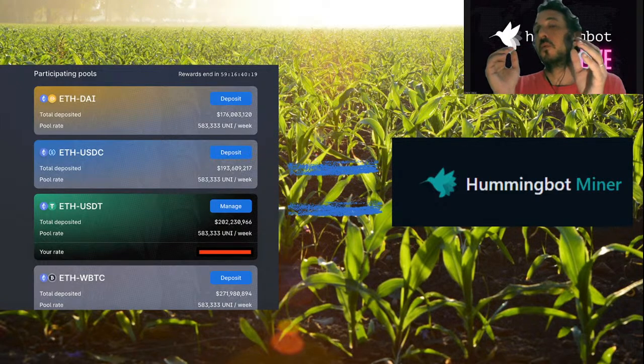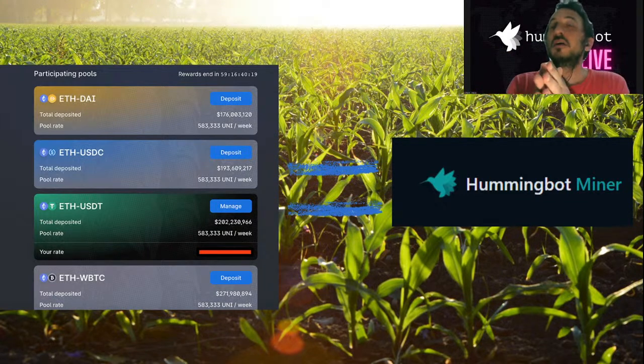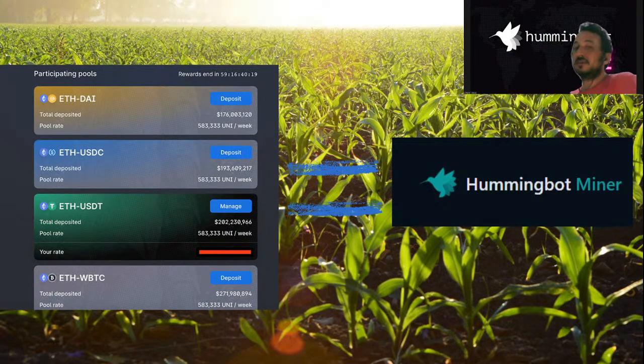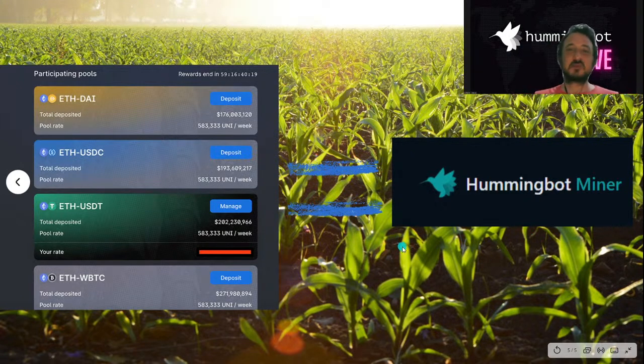And when you add it to the Hummingbot miner, to the programs we have, you are doing something that you were already doing, trading and acting as a market maker using a bot, and you're receiving a bit more for it, right? There's no other way to put it. It's the same thing. The only difference is how you provide the liquidity. So I don't think there is much more for me to say about that.